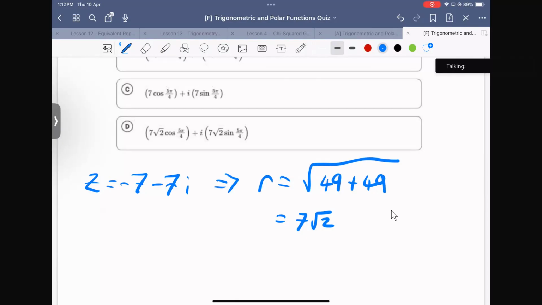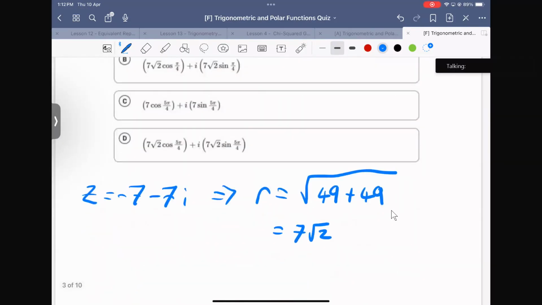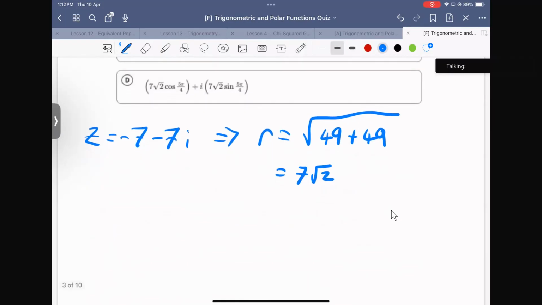And then we need to find the argument. So it's -7 minus 7i. One of the important things to do on that one is to sketch where it is in the complex number plane. It's going to be down here in the third quadrant, which means our angle, when the real and imaginary parts have the same magnitude, is one of those multiples of 45 degrees or pi over 4.